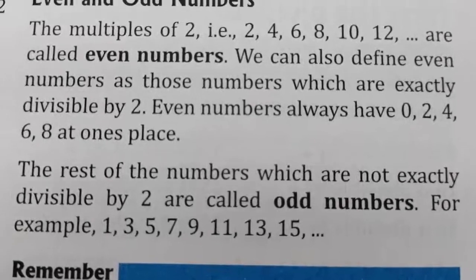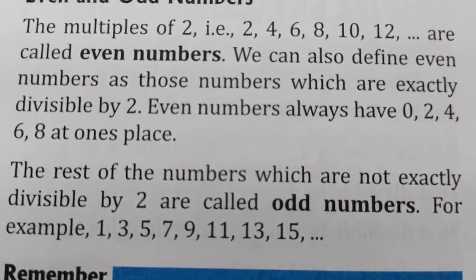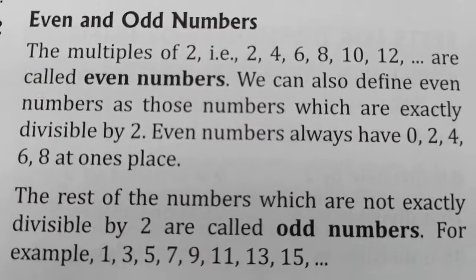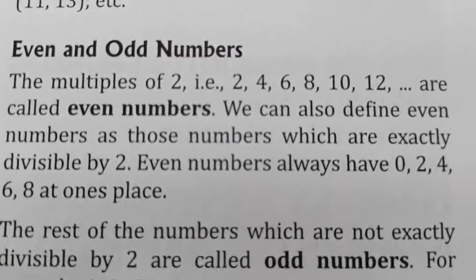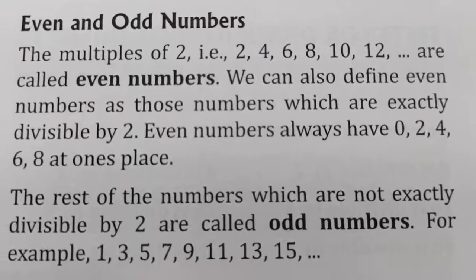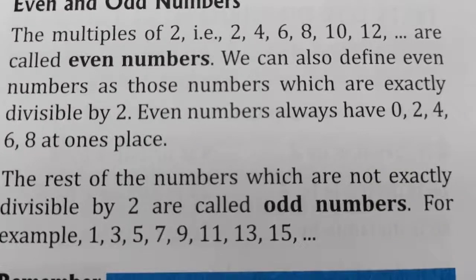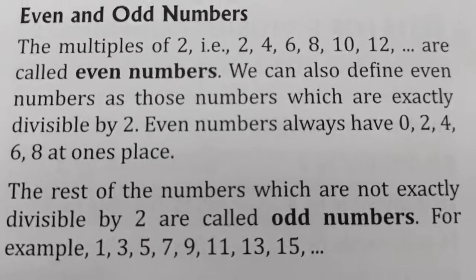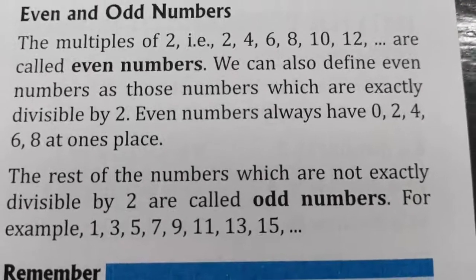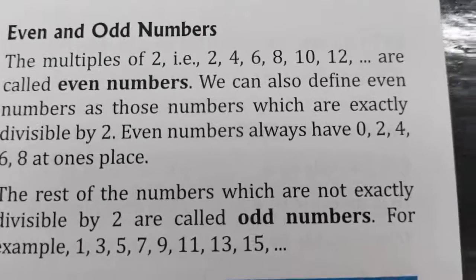The rest of the numbers which are not exactly divisible by 2 are called odd numbers. For example, 1, 3, 5, 7, 9, 11, 13, 15, 17, 19, 21, like this. If you divide odd numbers by 2, they leave the remainder 1.